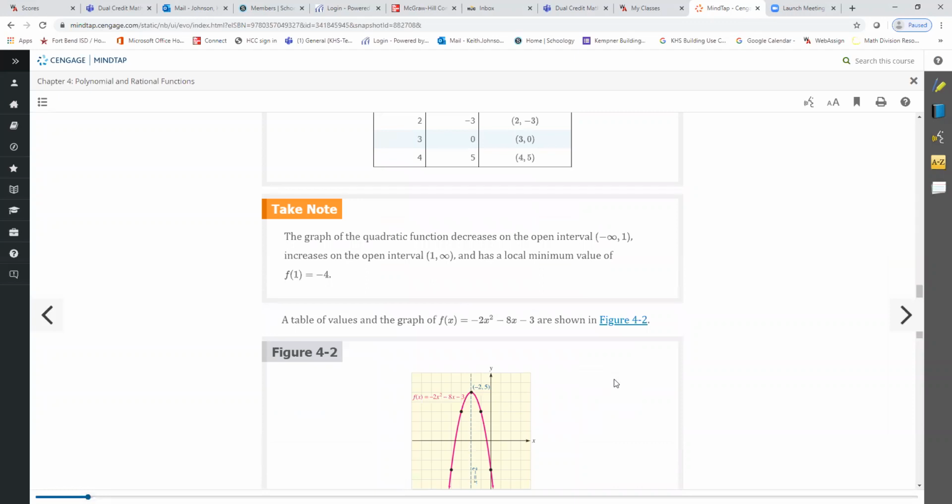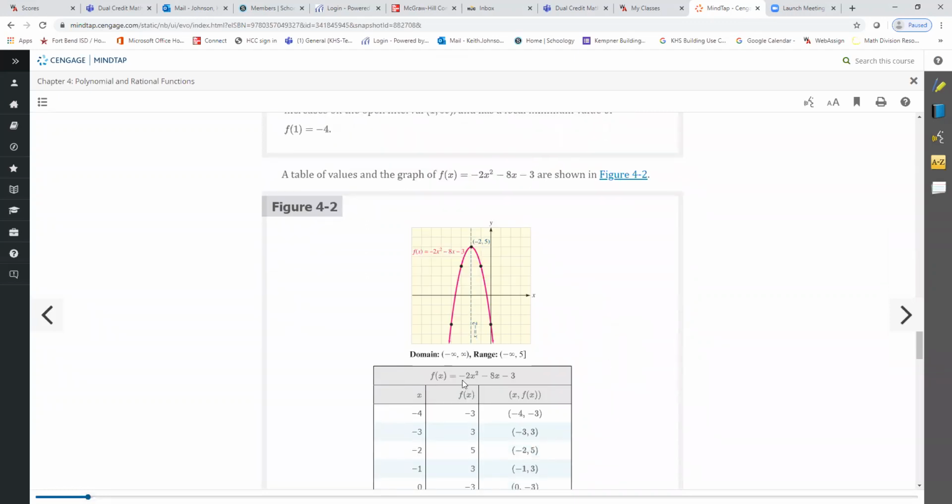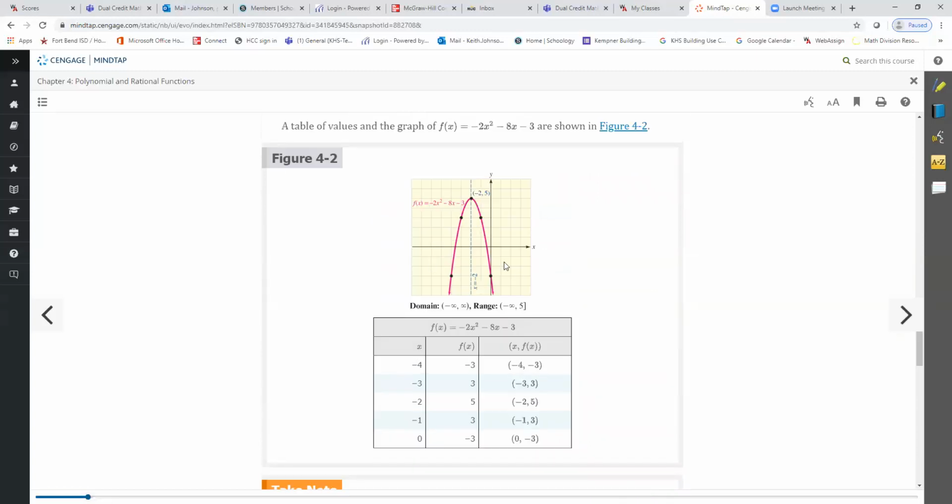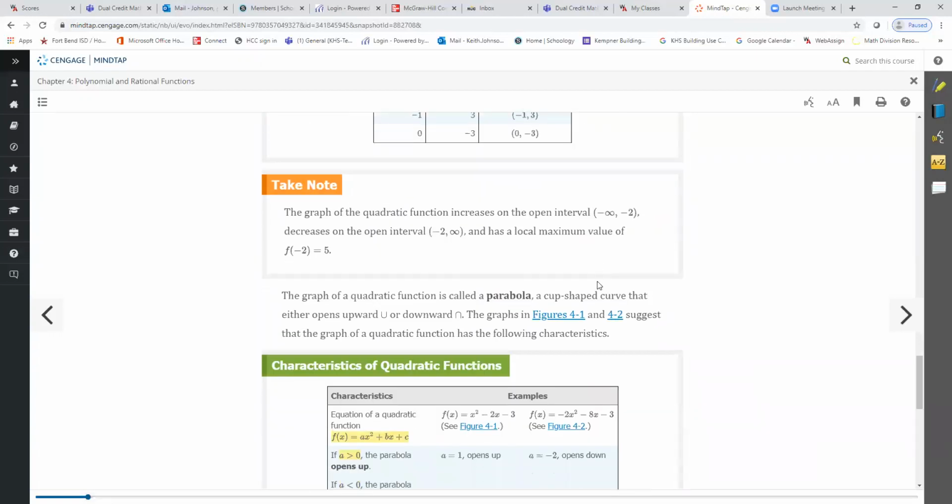If I put in the other equation, negative 2x squared minus 8x minus 3, notice our picture goes down, but it's still a parabola. All quadratics make that parabola. We talked about that in an earlier unit. Domain is all real numbers, goes forever to the left, forever to the right, and your range here is negative infinity, arrow pointing down, all the way up to 5, closed.